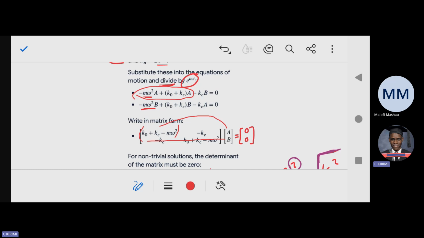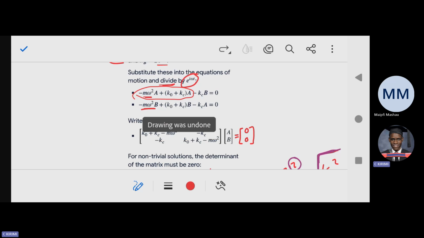And then KC is being multiplied by B. So this is the KC, it's being multiplied by what? By B. And then for the first line, it equals 0. We have not touched the 0 at the bottom. That's what we need for now.